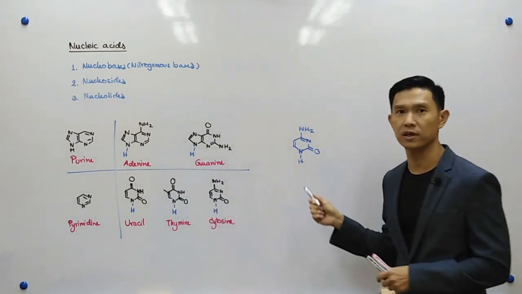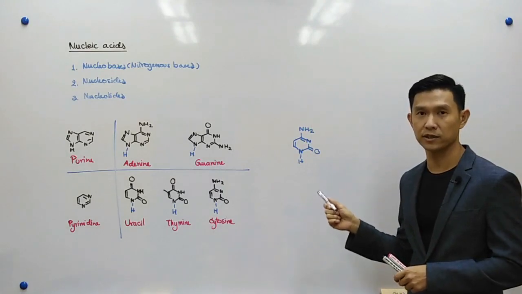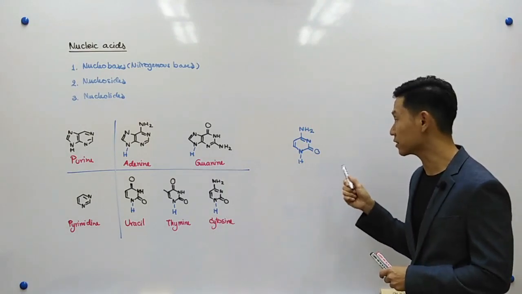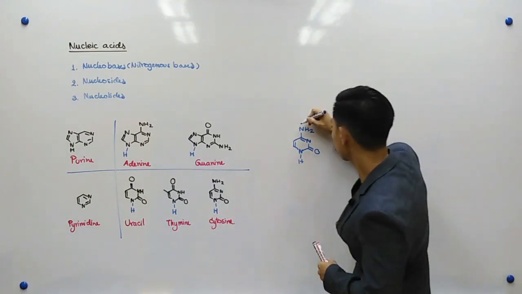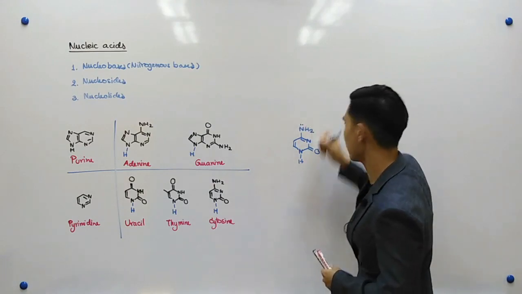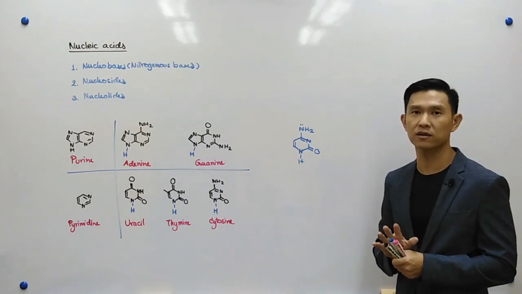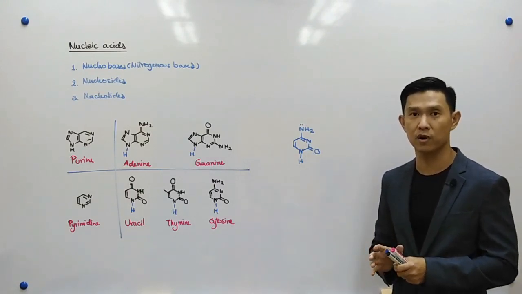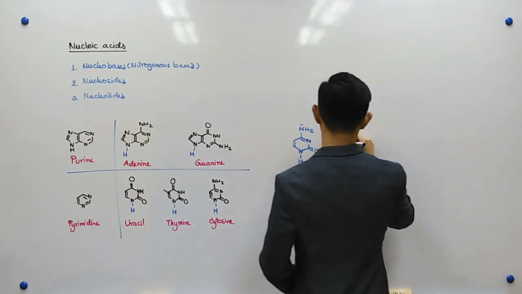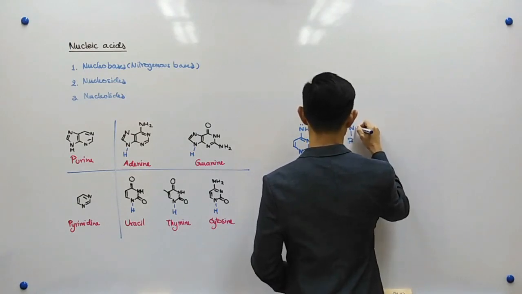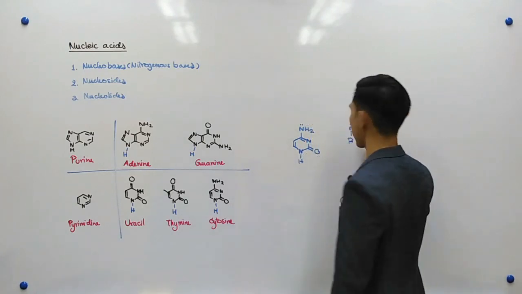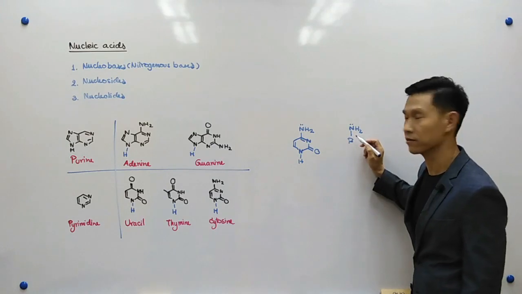The NH2 over here is not a base, it's neutral. It is a neutral compound actually, because even though we have an electron pair over here, this electron pair is not like the simple amino group in your amine. In the amine you have NH2, and this electron pair can act as a base, right?